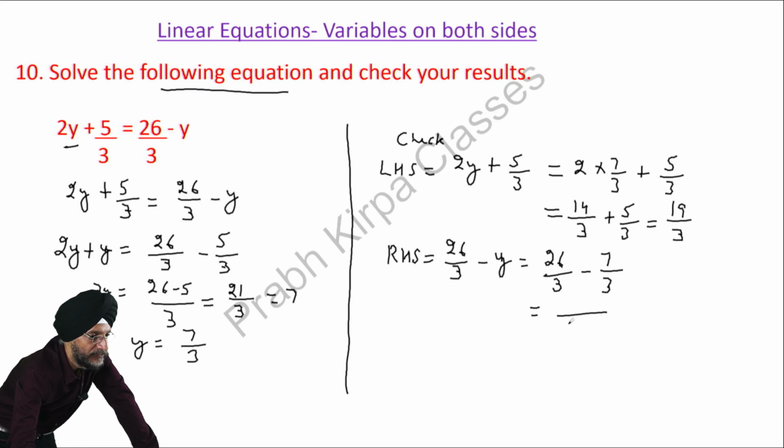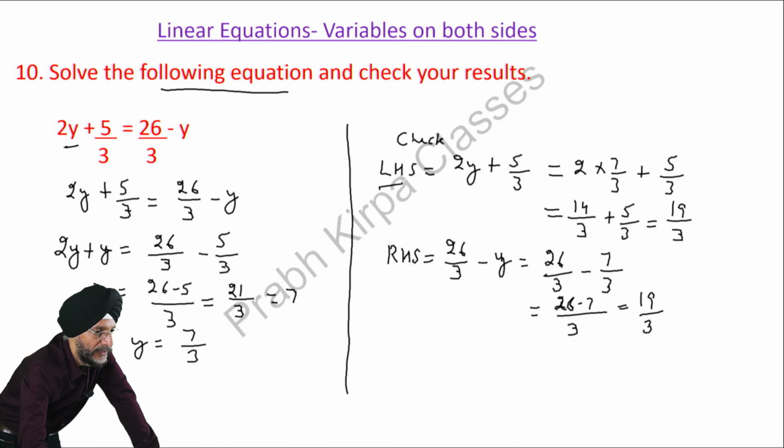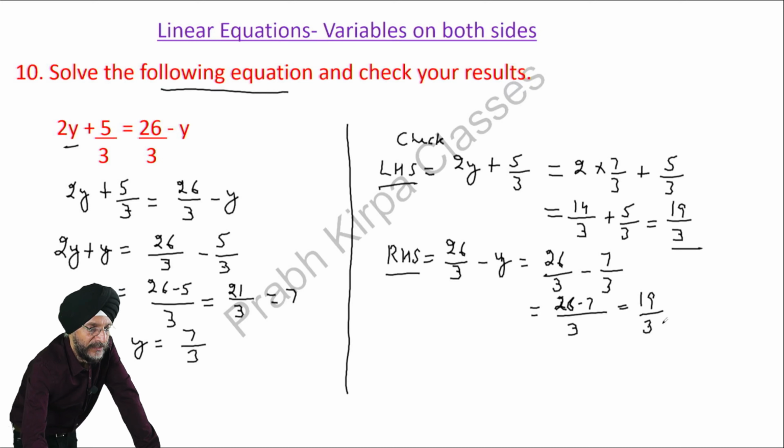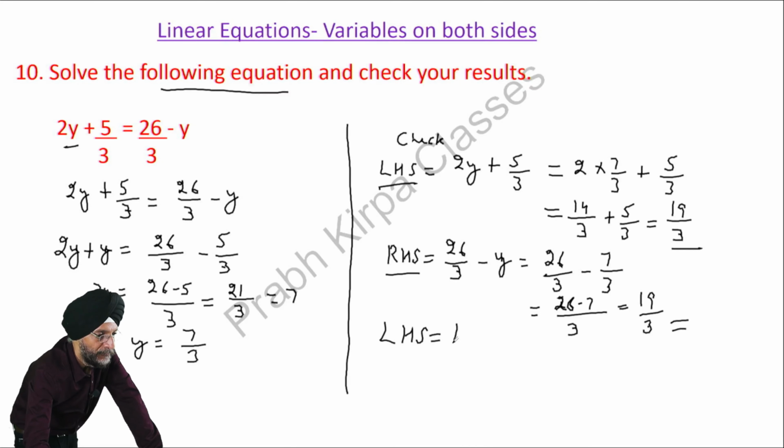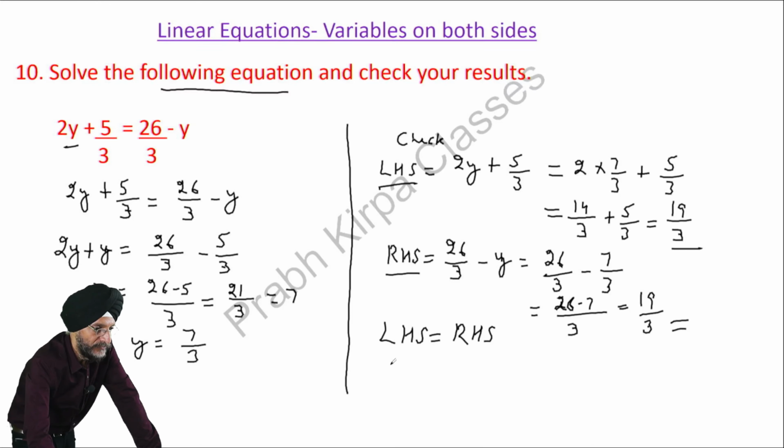So it becomes 26 minus 7, it becomes 19/3. So the value of the left hand side is 19/3. Right hand side 19/3. So left hand side is equal to right hand side. So hence verified.